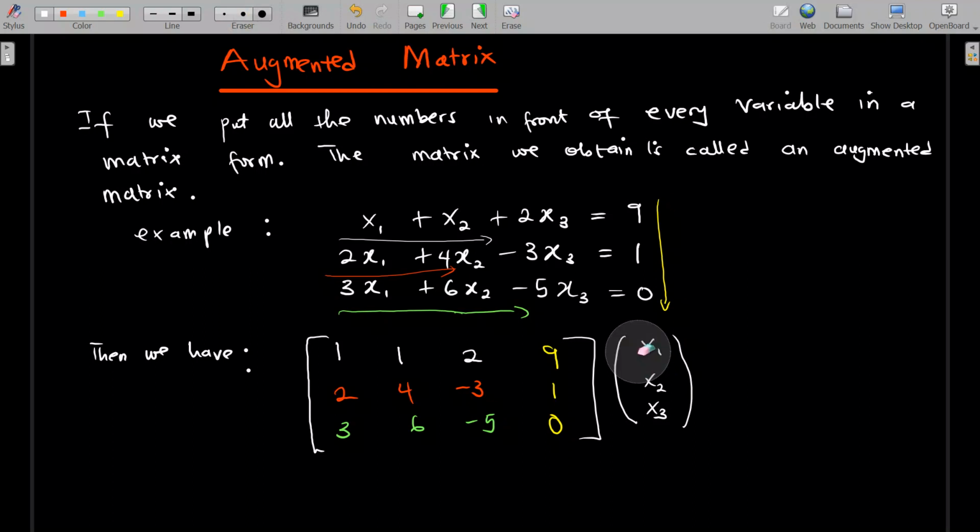I'll do that when I'm doing matrix multiplication, but this is what we call an augmented matrix, and some people prefer to separate the variable side. I mean, this is the side that we have our x1, x2, and x3, and this is what we have at the right side of each equation. So you try to separate it and then perform whatever operation you want on it.